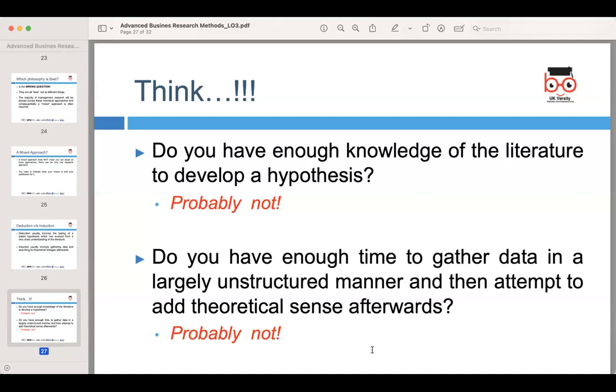It requires careful planning and organization to ensure that the data collected is relevant and meaningful. Additionally, attempting to add theoretical sense to the data afterward can be quite challenging, as it requires a deep understanding of the subject matter and the ability to draw meaningful conclusions from the data collected.